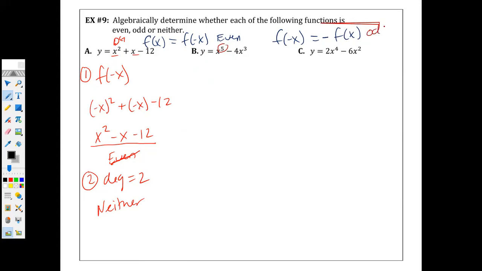So when you're testing for odd, you have to do both of these. So first we're going to find our f of negative x. Again, that means I'm just substituting in for x, not plugging in numbers, but plugging in the variable. So we have negative x to the 5th minus 4 times negative x to the 3rd.